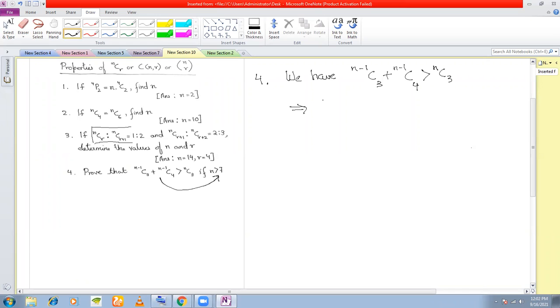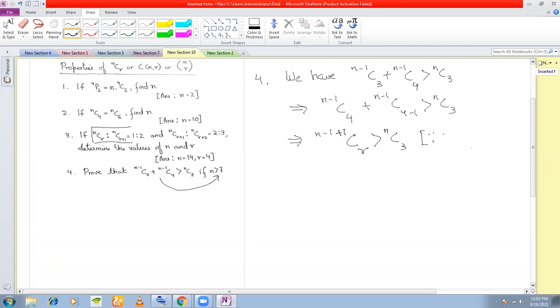So now if you see, the expression on the left hand side is (n minus 1)C4 plus (n minus 1)C(4 minus 1) greater than nC3, right? Now, if you remember your Pascal's rule, what is this equal to according to Pascal's rule? (n minus 1 plus 1)Cr, isn't it? Greater than nC3.